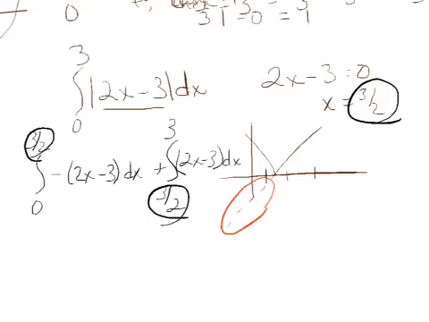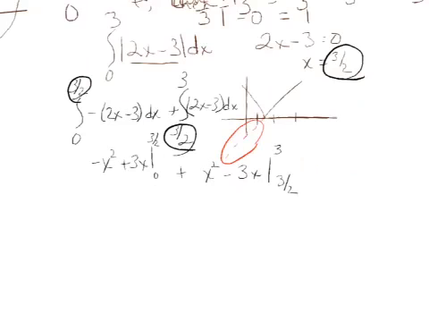So if we take the antiderivative here, we get a negative x squared plus 3x to evaluate at 3/2 and at 0. And we get x squared minus 3x to evaluate at 3 and at 3/2.